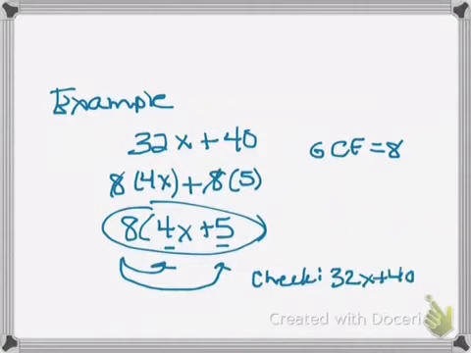So when you remultiplied it, you got back to the original expression. Now that check step is a good thing to always do when you finish factoring, but the circled answer is finished. If it asks you to factor it, you have factored that expression into factors 8 and 4x plus 5.